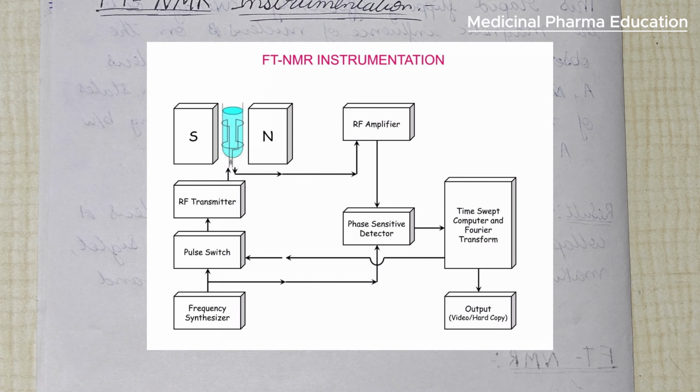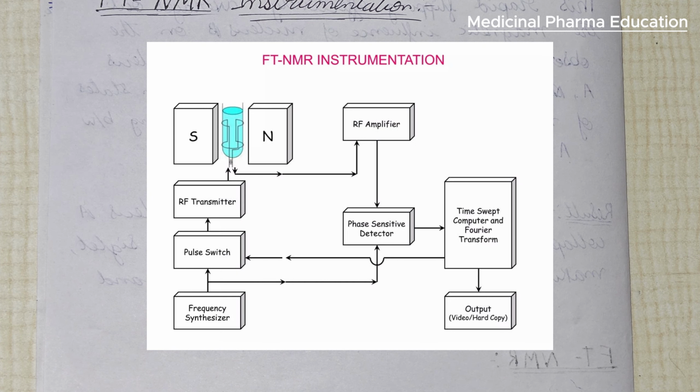And the pulse switch, you are seeing, right? Between the two of them, the pulse switch controls the time and duration of radio frequency with the sample, and it ensures accurate and reproducible data. That's the main function of the pulse switch. The phase sensitive detector detects the readings after the radio frequency amplifier.